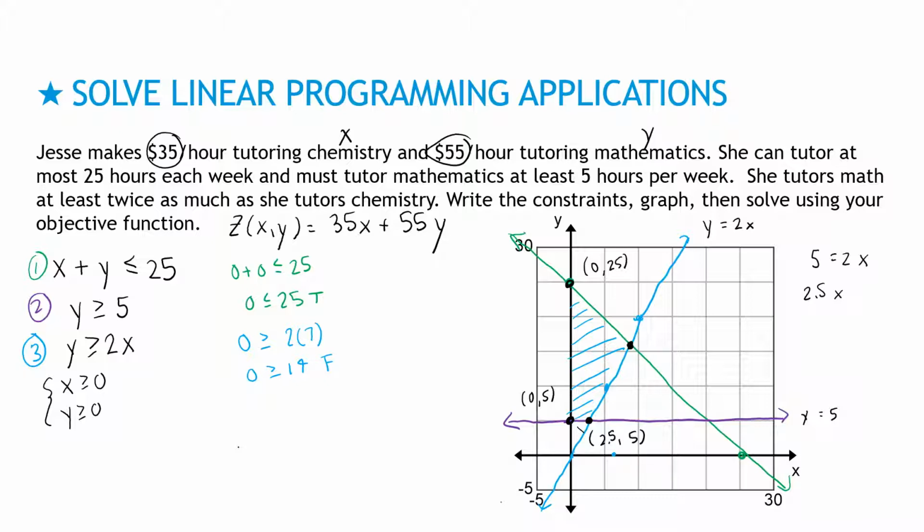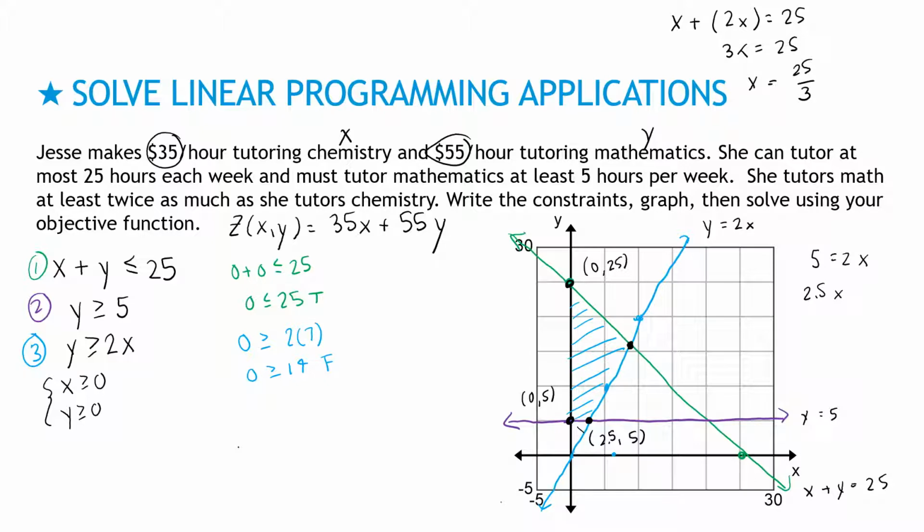And the other one I'm looking for is where blue and green intersect. x plus y equals 25 intersects with y equals 2x. Again, that one's probably going to get ugly. x plus y, instead of y we put in 2x, equals 25. 3x equals 25. x is ugly yet again, 25 thirds. Not my favorite when I get decimals and fractions, but we just go with it.